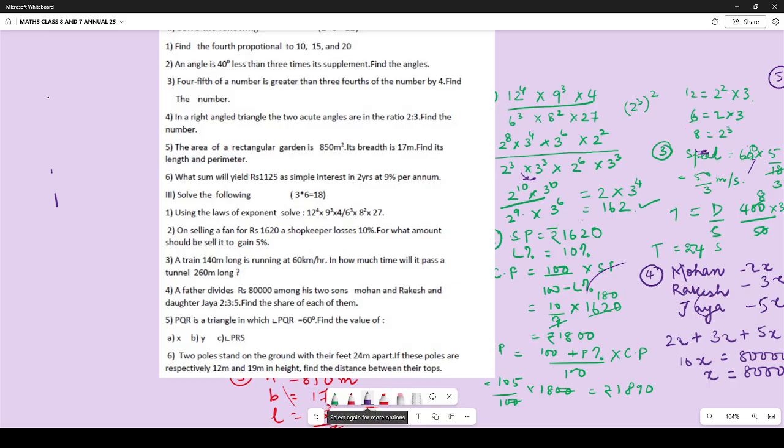Let it be. So there are two poles over here. I'll try to make them as straight as possible.